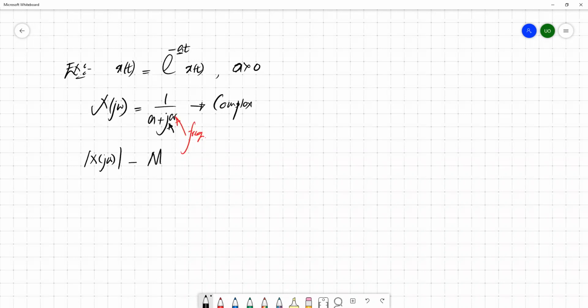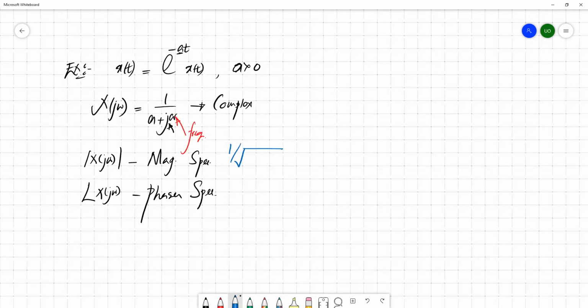This is the magnitude spectrum and this is the phase spectrum. We found that the magnitude spectrum is simply this, and the phase spectrum is minus tan inverse of omega divided by a.